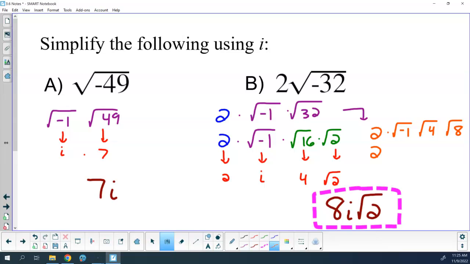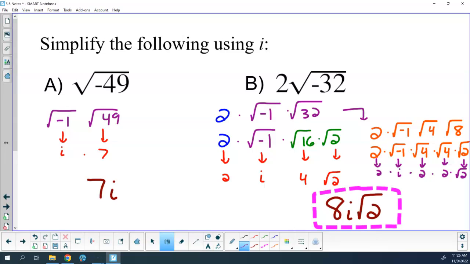So this would be 2 times the square root of negative 1 times the square root of 4 times the square root of 4 times the square root of 2. Then my 2 is there. My i is there. Square root of 4 is 2. Square root of 4 is 2. And the square root of 2 is the square root of 2. So 2 times 2 times 2 gets me 8. Times i gets me 8i. Times the square root of 2 gets me 8i square root of 2. And that's fine. That works.